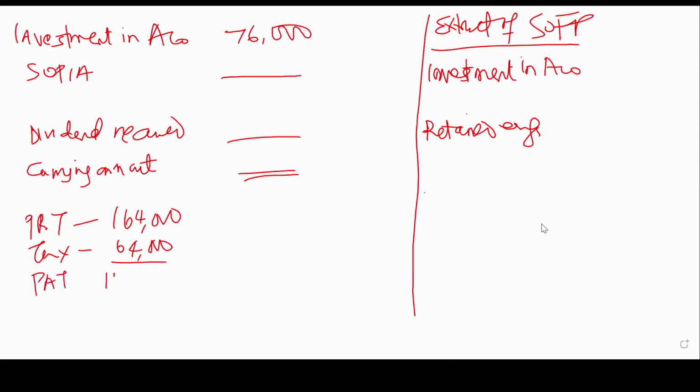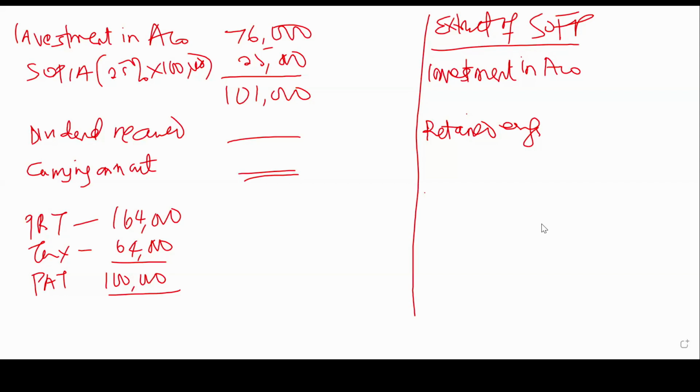Profit after tax was 100,000. So share of profits in ACO after tax, 25% of the profit after tax, was 25,000. Therefore, all our investments will then rally up to how much? All our investments will rally up to 101,000.